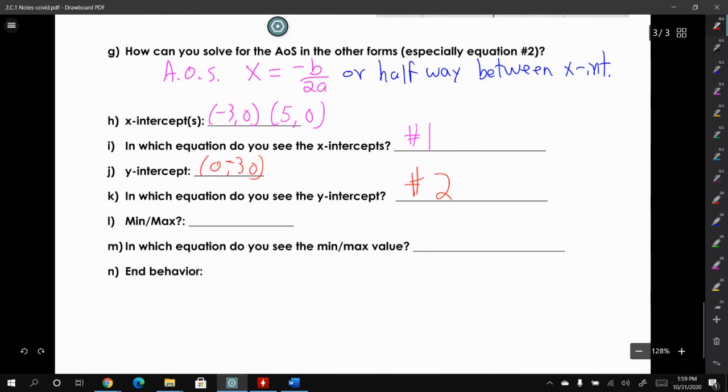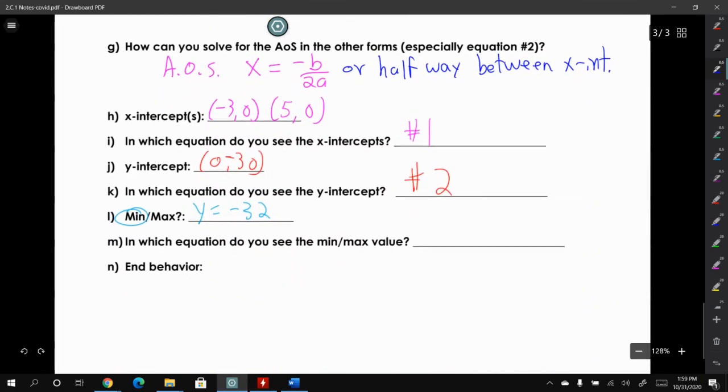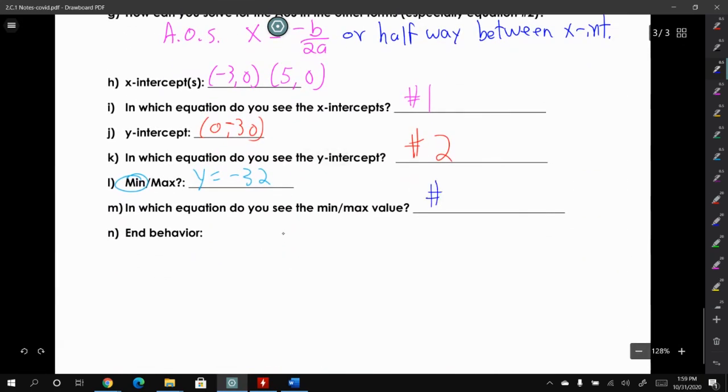Min or max? Well, this is a minimum value, and it was y equals -32, and that was by looking at our vertex up here. And our vertex is equation number 3. And then the end behavior.